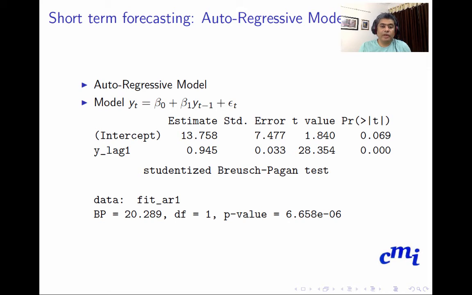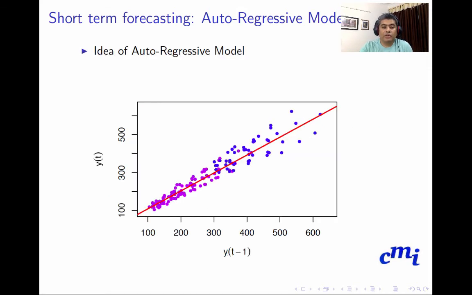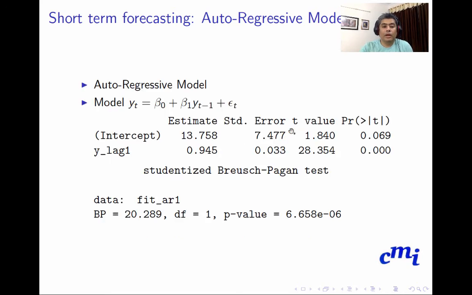But we did a Breusch-Pagan test to check the homoscedasticity, because we see the variability is much higher here and much lower here. So that indicates that most probably the data here is heteroscedastic. Now when we do the Breusch-Pagan test, we see that the p-value is extremely small, after the decimal 6 zeros and then 6658.